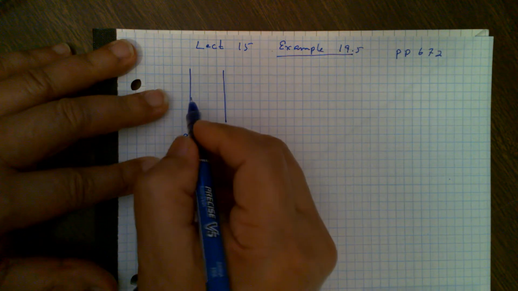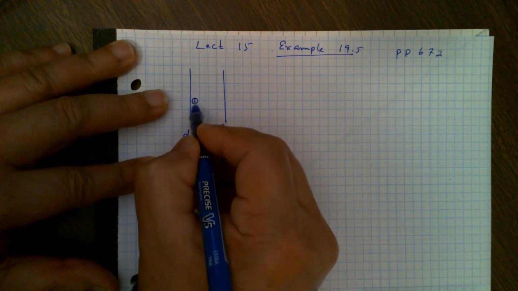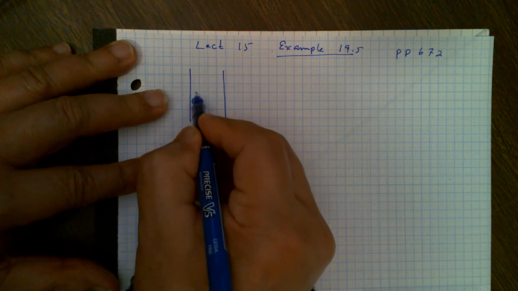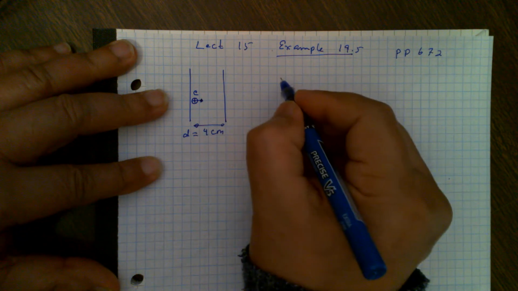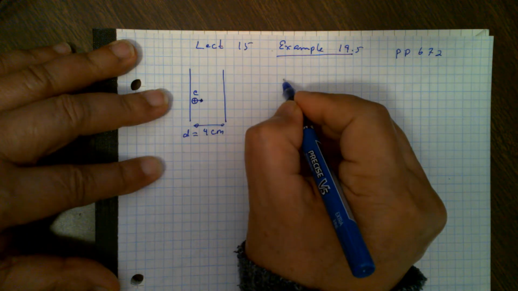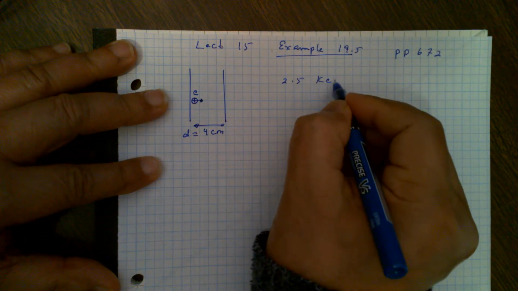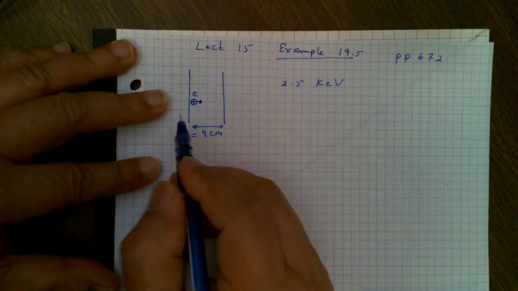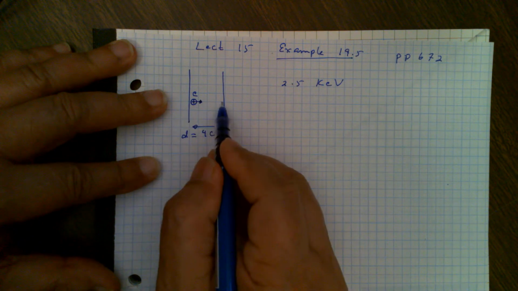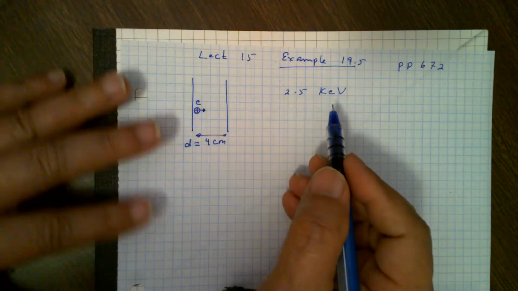And a charge with electronic charge, E, gains 2.5 kilo electron volt of energy. So the energy it gets from going from this point to this point is 2.5 kilo electron volt.